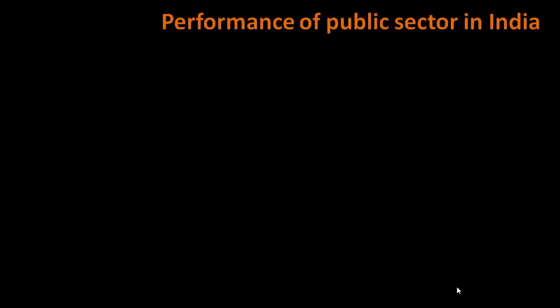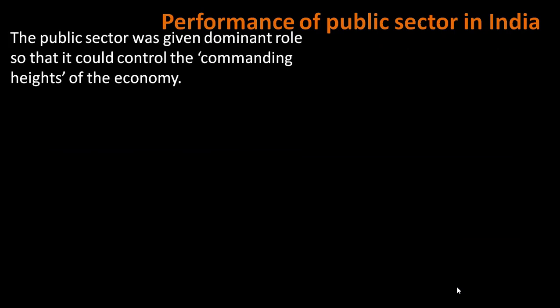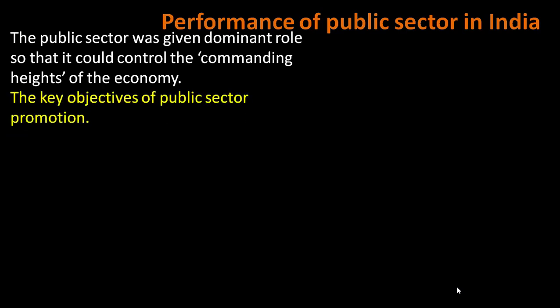So let's come to some of the preference of the public sector in India. What are the preferences we have been given? The public sector was given a dominant role so that it could control the commanding heights of the economy. Here are some of the key objectives of public sector promotion. So what are those key objectives?